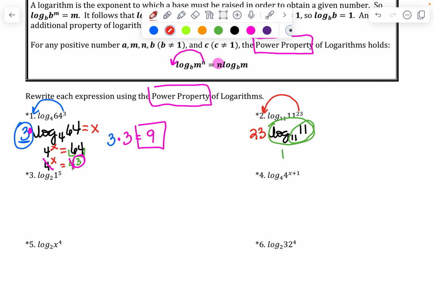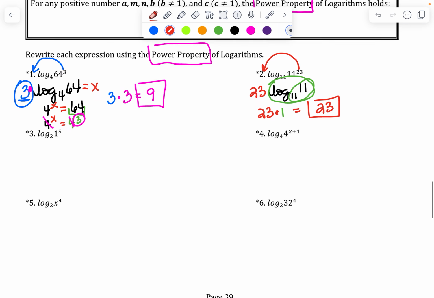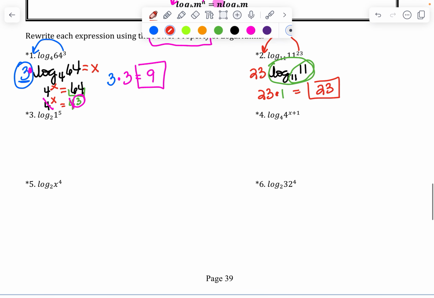So let's go now to this page. All right, so what we're going to do first is isolate the base and the exponent. So the first thing I need to do here is add 15. So now I have 2 to the x power equals 20.